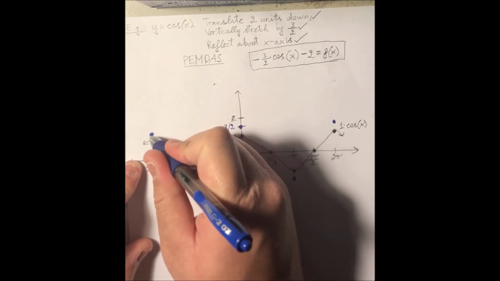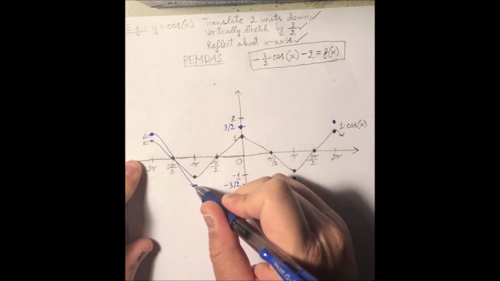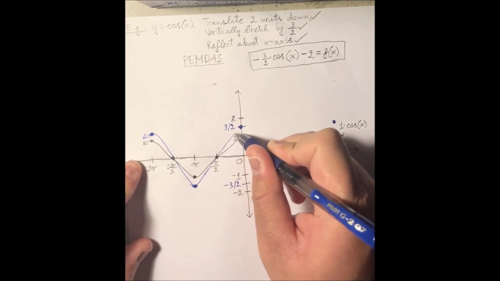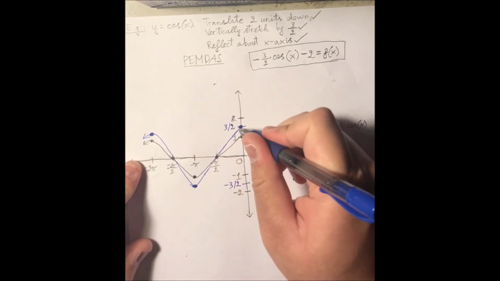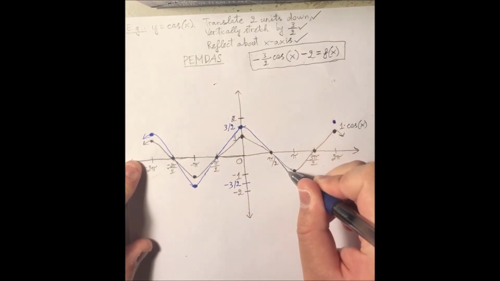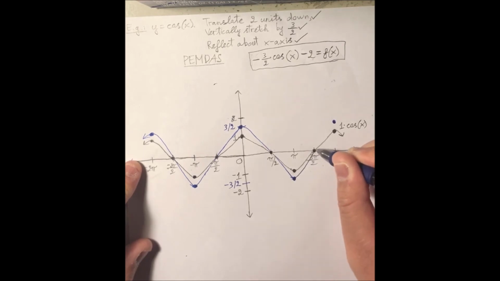So if I connect them, this is going to go this way like that. So we just keep going, and then we go down, hit this, go back up, hit that, and we keep going like that.